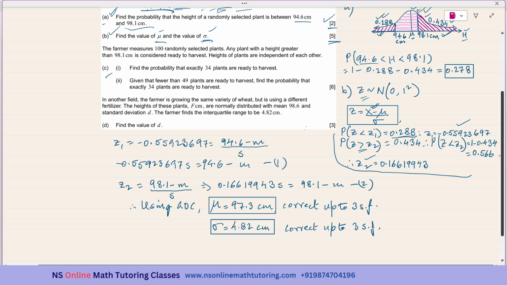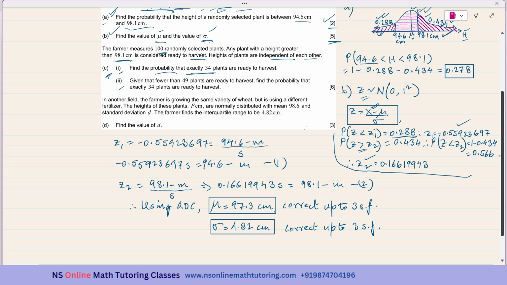Okay. Coming to subpart C, the farmer measures 100 randomly selected plants. Any plant with a height greater than 98.1 centimeters is considered ready to harvest. Heights of plants are independent of each other. Subpart C has two further subparts. Subpart I says, find the probability that exactly 34 plants are ready to harvest.